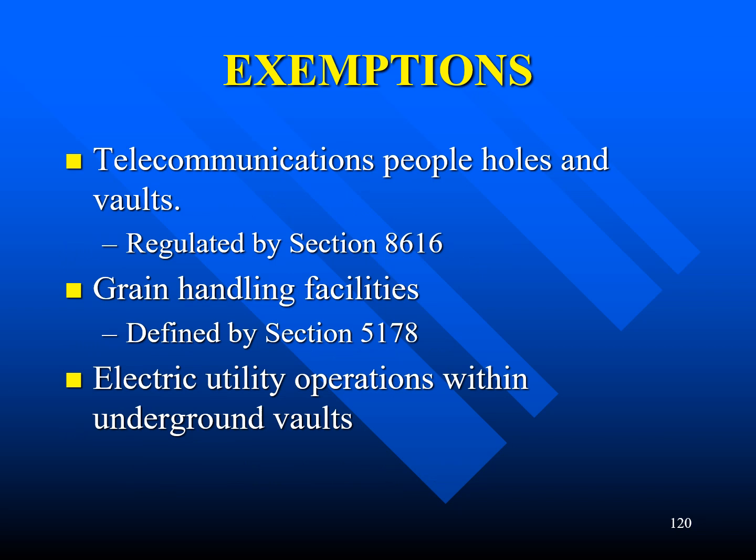Other exemptions include telecommunications, people holes, and vaults that are regulated by 8616. Now, all these sections are from the California Code of Regulations. Grain handling facilities as defined by Section 5178, and electric utility operations within underground vaults.